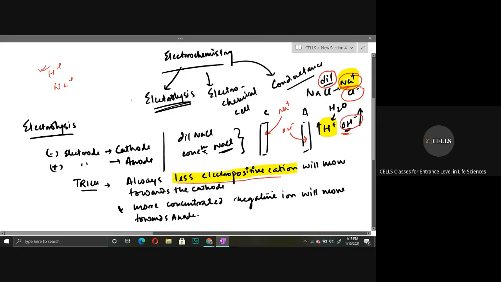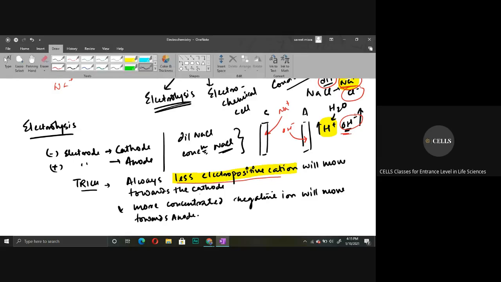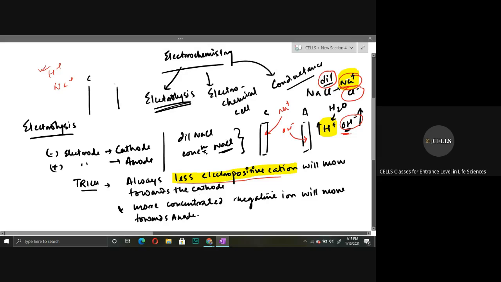Now, suppose this is the cathode and this is the anode, and they give you a concentrated NaCl solution. Concentrated means that the H plus and OH minus levels are very, very low, whereas the Na plus and Cl minus levels are high. Among Na plus and H plus, the less electropositive cation is H plus, so here at the cathode, H plus will go.